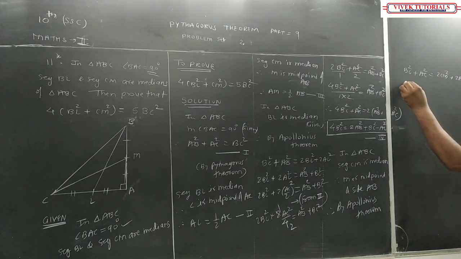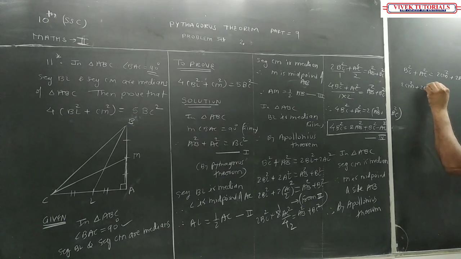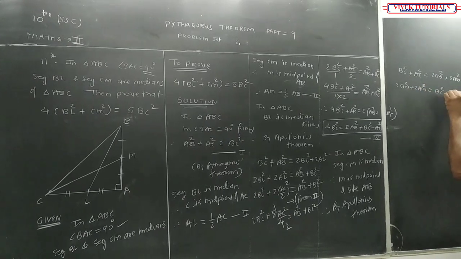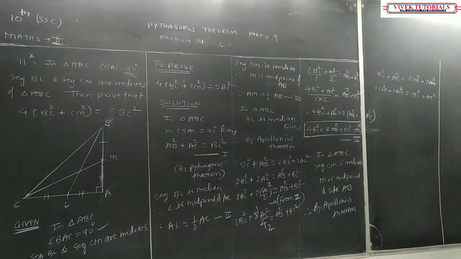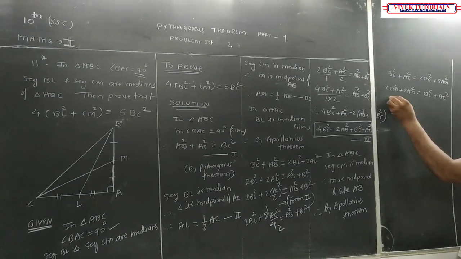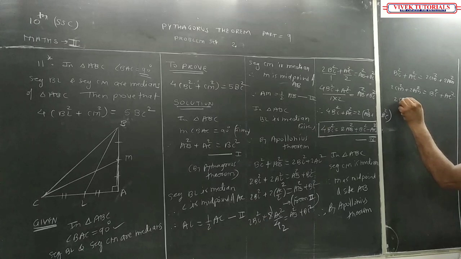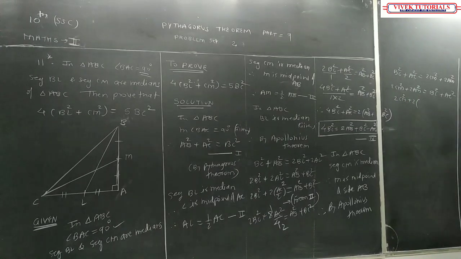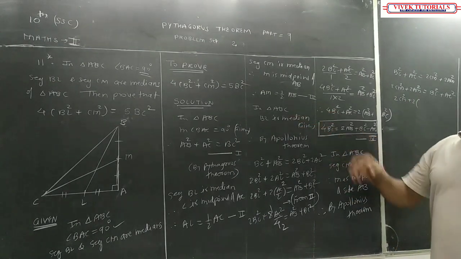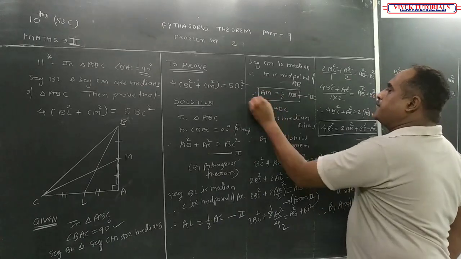Then here I'm going to write 2CM square plus 2AM square is equal to BC square plus AC square. Again, 2CM square will remain as it is, but instead of AM, what I can write? Half of AB.